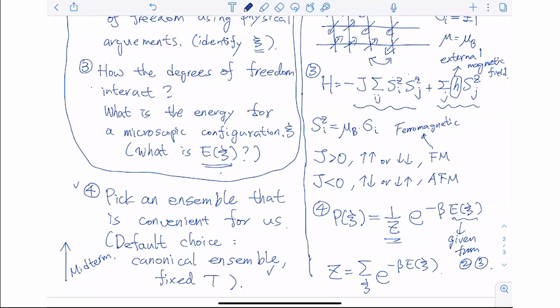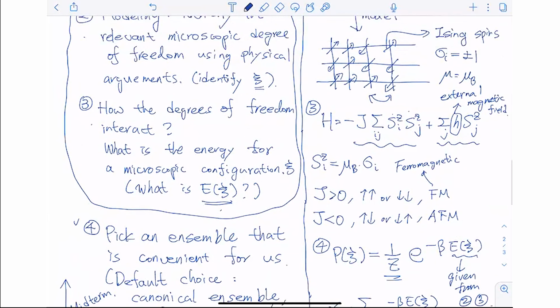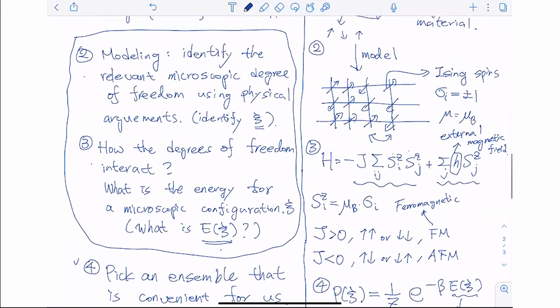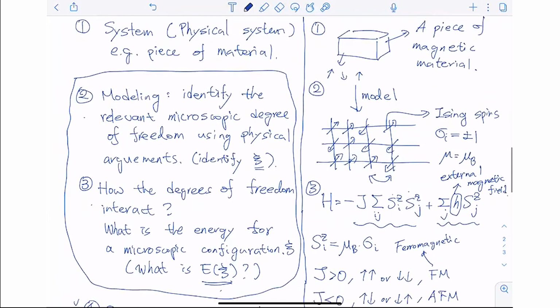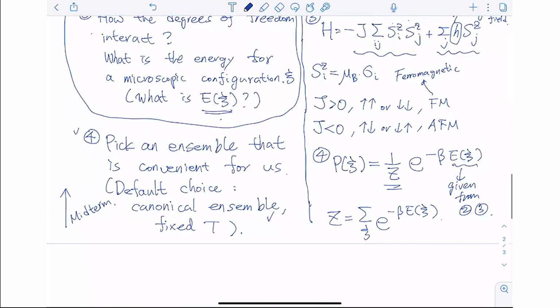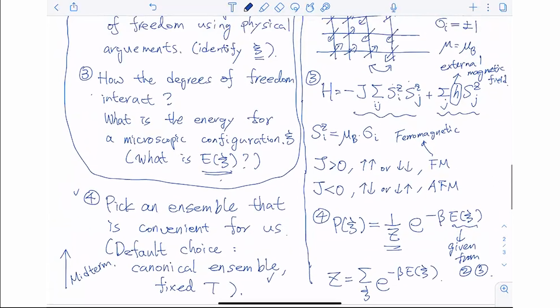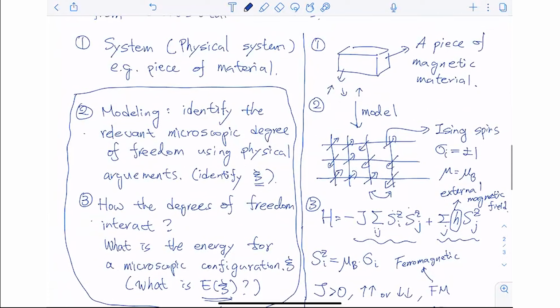If you do not really understand the origin of this theory, but you still want to apply statistical mechanics, you can follow this machinery even without really deep understanding, but you can still get some very useful information. Okay, so are there any questions so far?